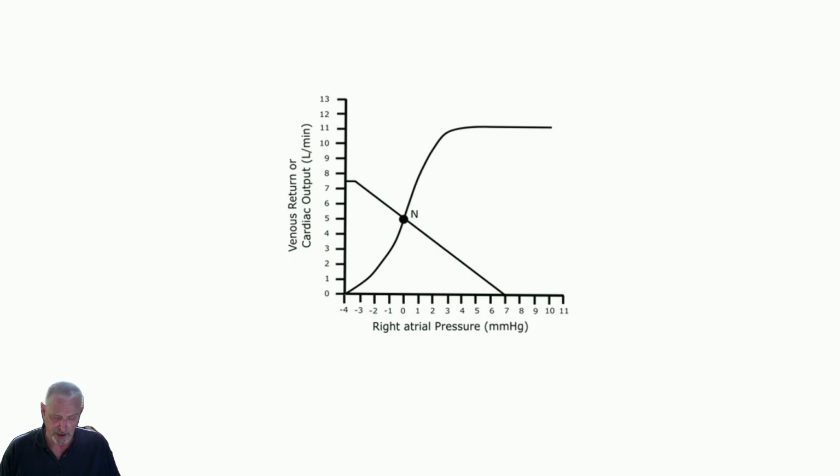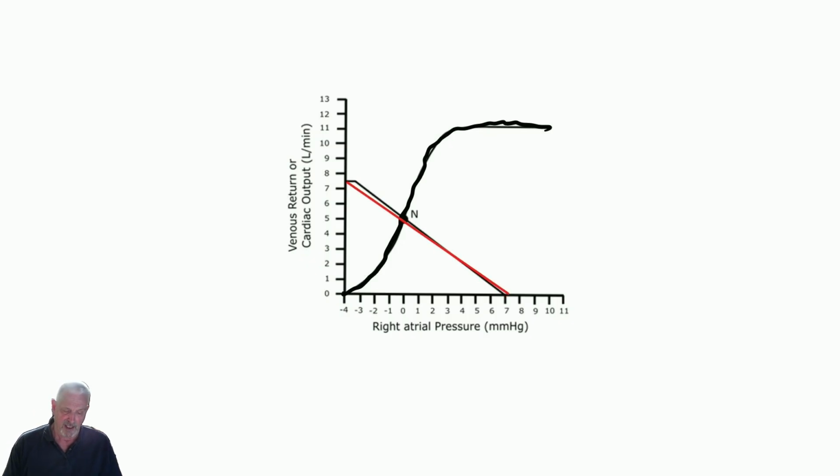And we see two curves on here. We see this curve here. I think I'll actually write over that curve there. This curve here is the cardiac output curve. And this curve here is the venous return curve.